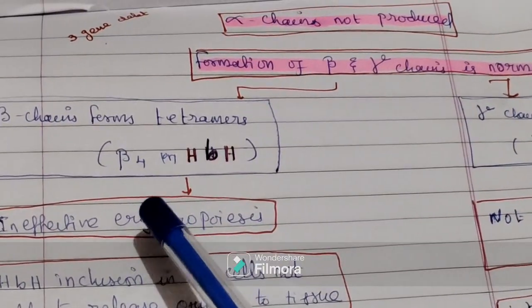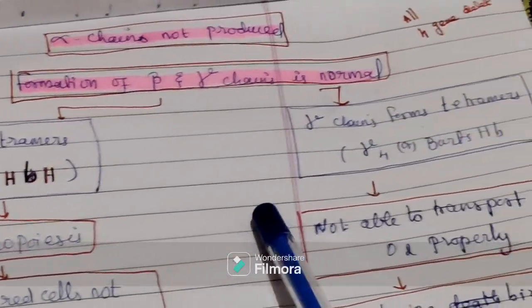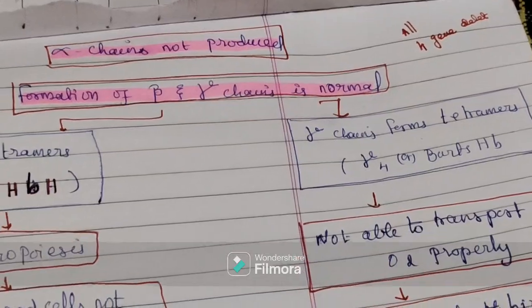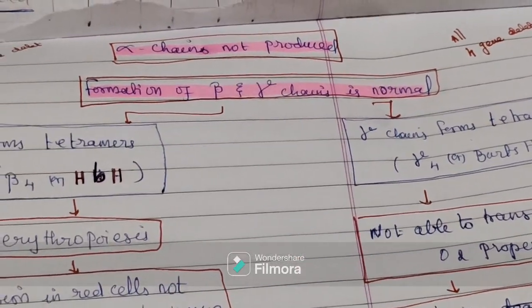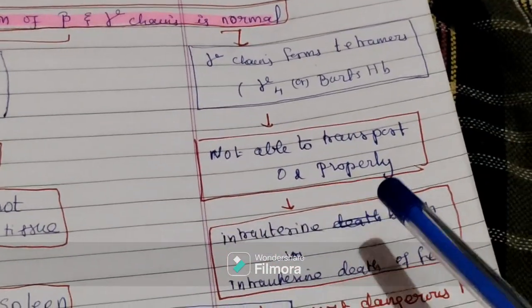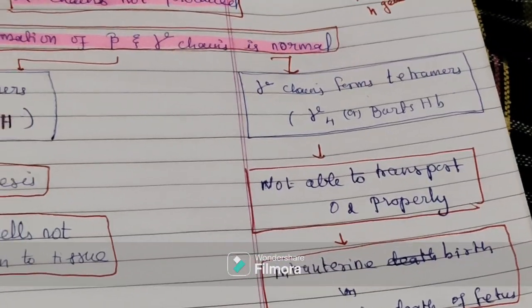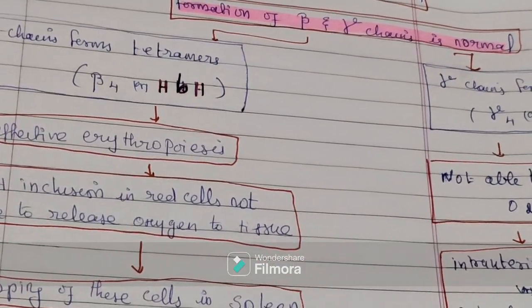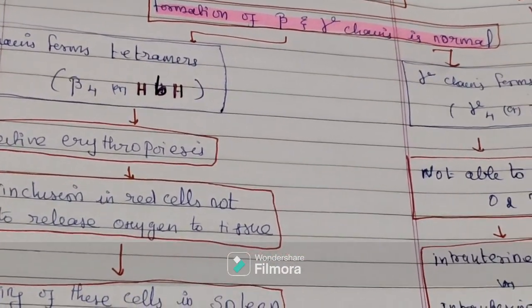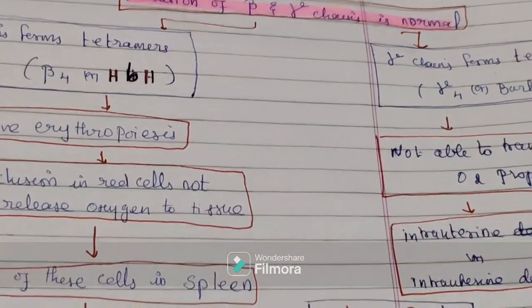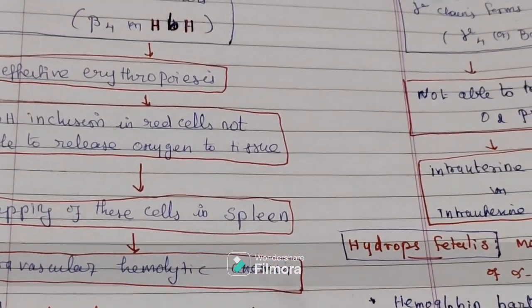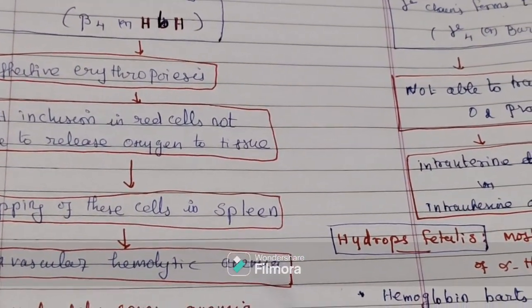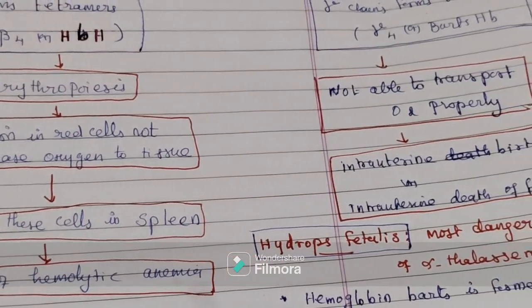So 3 genes deleted here, 4 genes deleted here. Most severe is Hb Barts. Second is HbH, a moderately severe anemia requiring occasional blood transfusion, but hydrops fetalis is most dangerous.